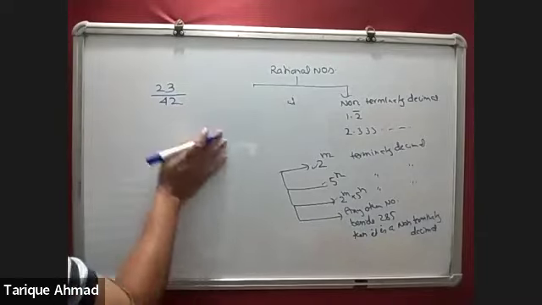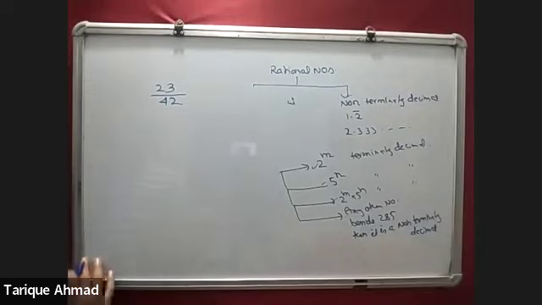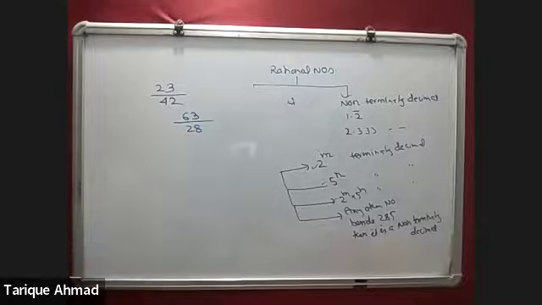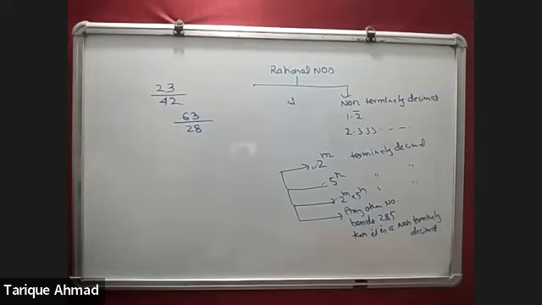Okay. Now 63 upon 28. Non-terminating. How? 28, right?